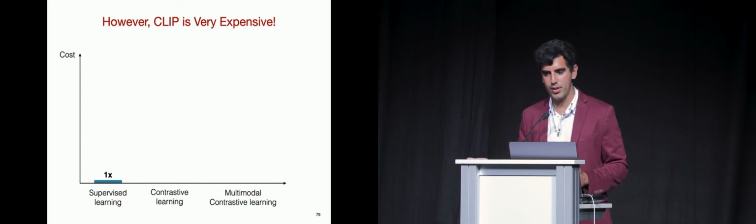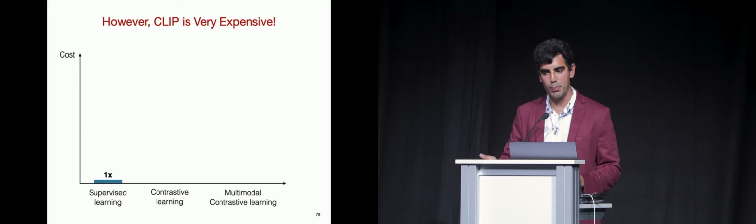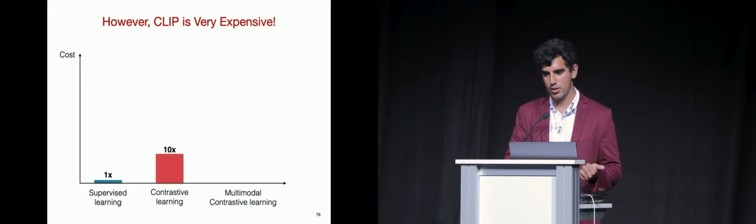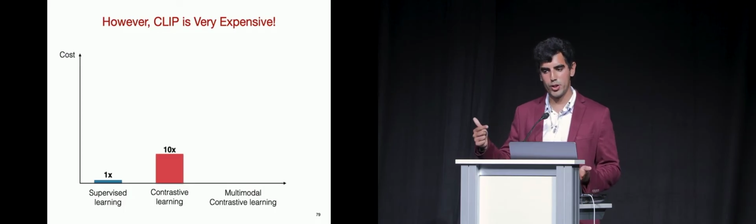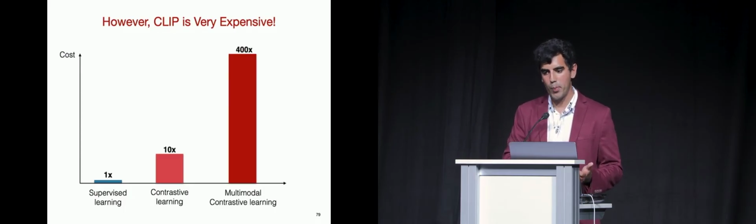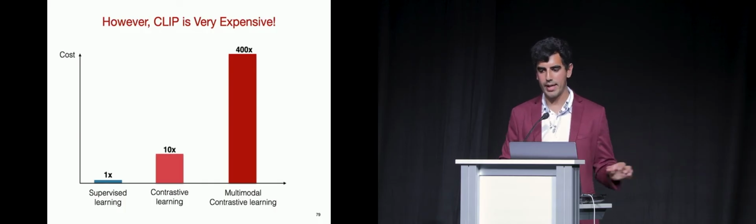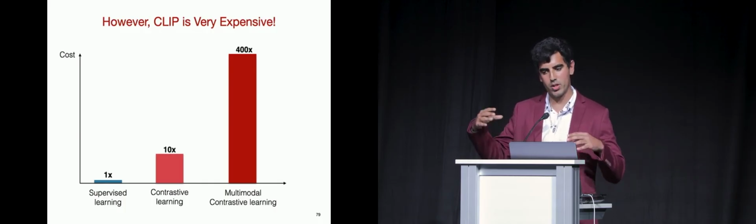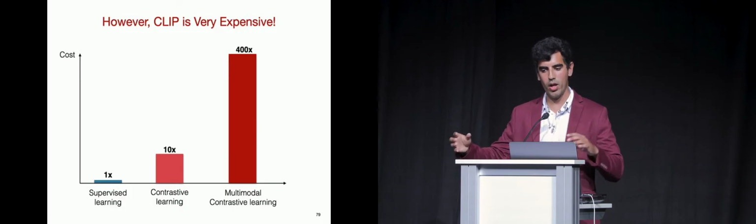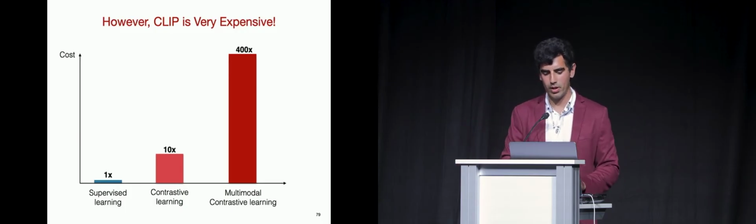As I just mentioned, the benefits of CLIP pre-training on large data sets are zero-shot classification and even better robustness to distribution shift, but this comes at a cost. CLIP requires a lot more data. Going back to the plot we had earlier, we're looking at the cost of training an equivalent model with different learning algorithms.